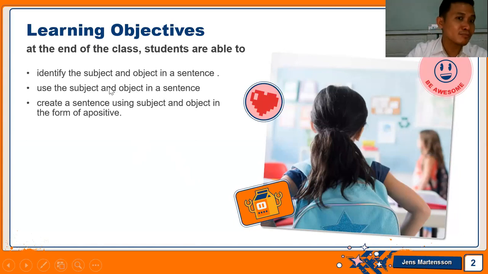It looks simple, but it's not that simple. Number two, you will be able to use a subject and object in a sentence. And the last, you will be able to create a sentence using subject and object in a positive form. Okay, that is the learning objective of our lesson today.